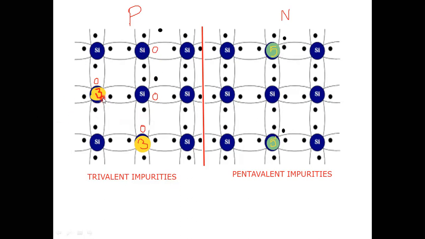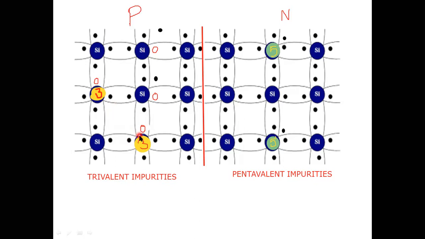This is a trivalent impurity material, so there is already a vacant space here. This is called an incomplete bond. This is also a trivalent impurity atom; it also possesses an incomplete bond, so there is a vacant space here already. That's why it's called a hole. These two holes are created due to doping.